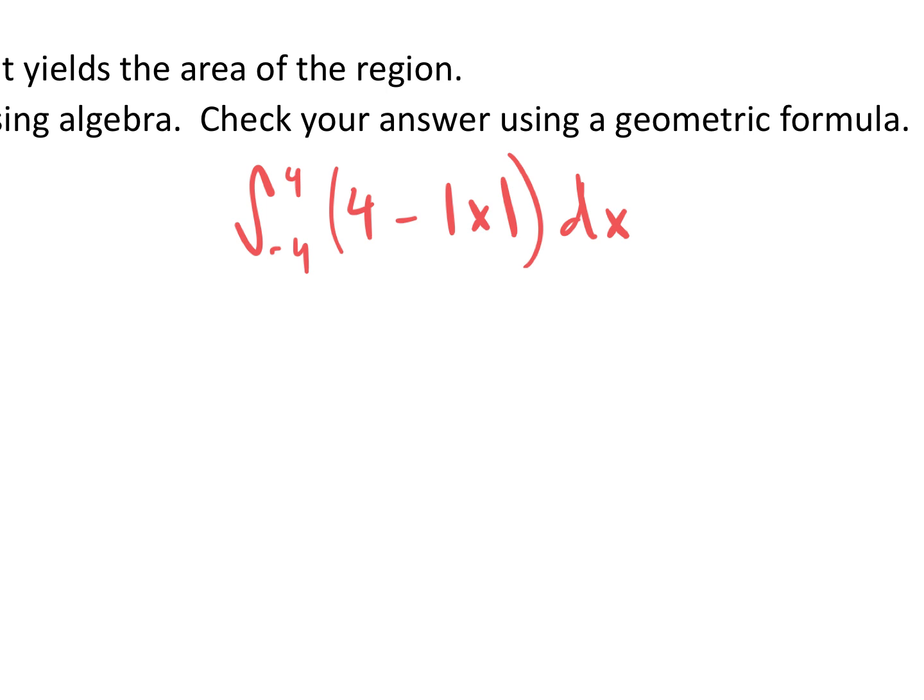And we had to find the integral. So there's a couple different ways that we can do this. I'm going to split it up to make it a little bit easier for us to see. So I'm going to split it up into two integrals: from -4 to 4 of 4 dx, minus the integral from -4 to 4 of the absolute value of x dx.